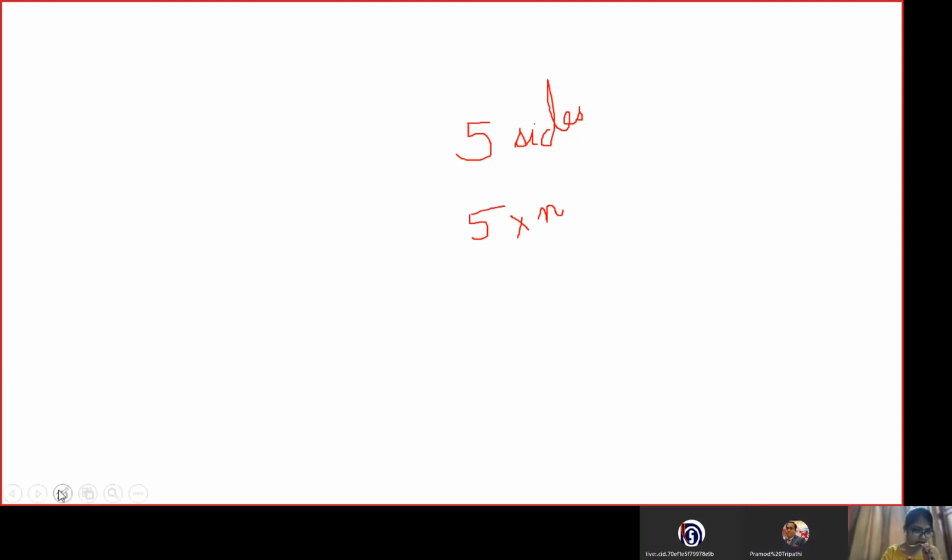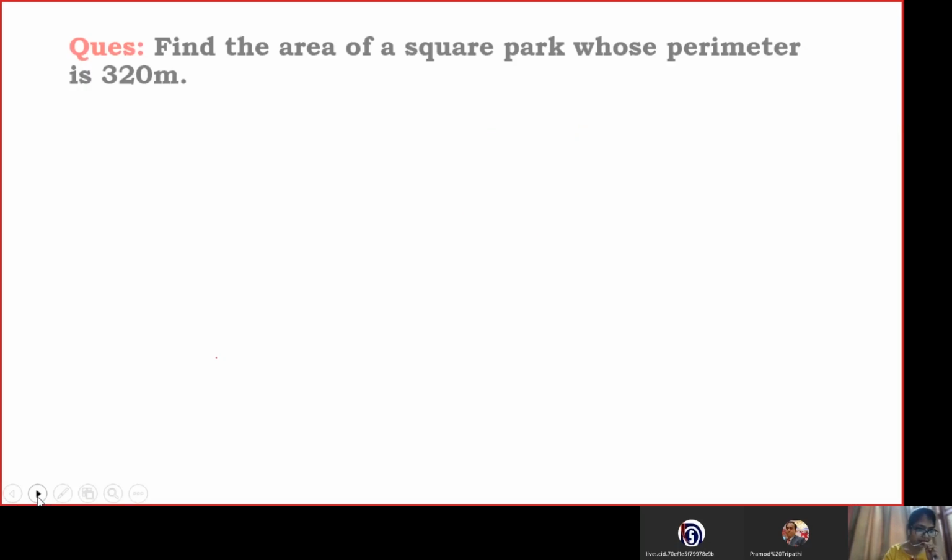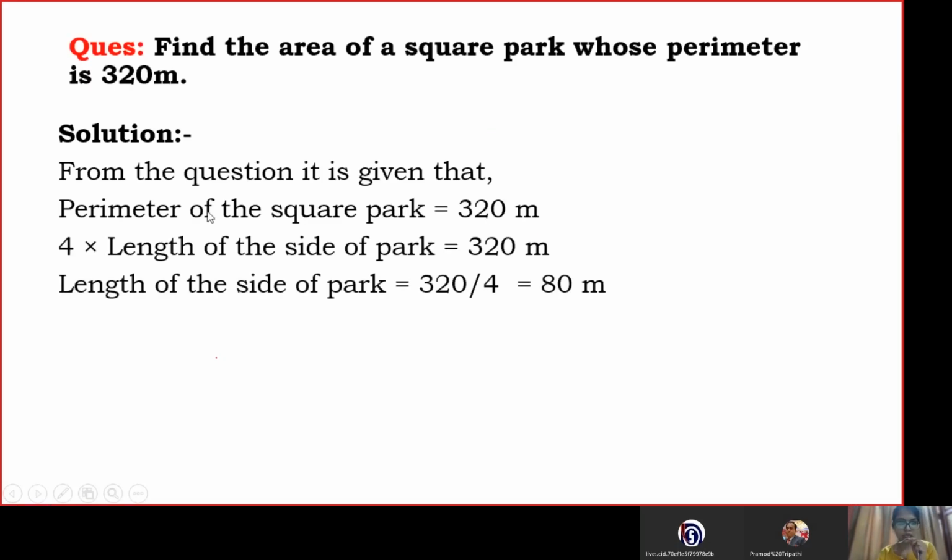Okay, so children, moving on to the next slide. We have already discussed the formulas, right? Let us move on to this question which says, find the area of a square park whose perimeter is 320 meters. We already know the formula for the perimeter, that is 4 into side.